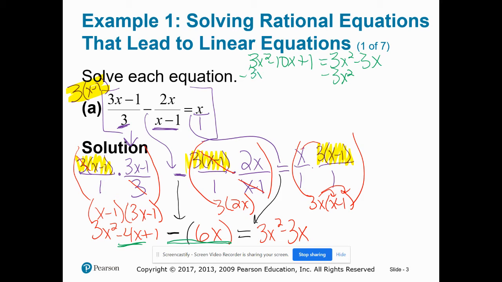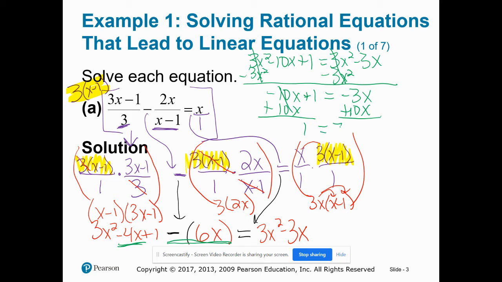The opposite of a positive is a negative. These both end up adding to 0. So we have negative 10x plus 1 is equal to negative 3x. Don't forget the negative from there. I'm going to bring my 10x over with the 3x by adding. 1 is equal to 7x. Divide both by 7, and we get x is equal to 1/7.